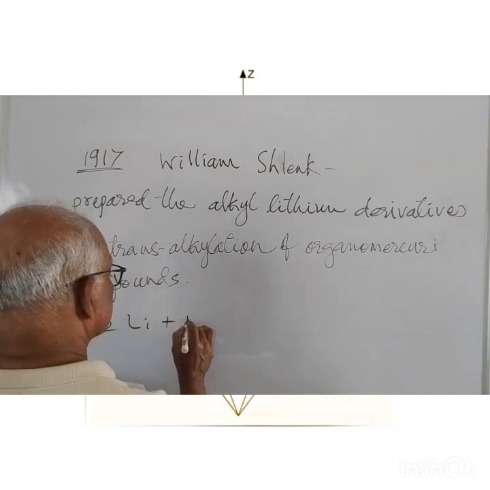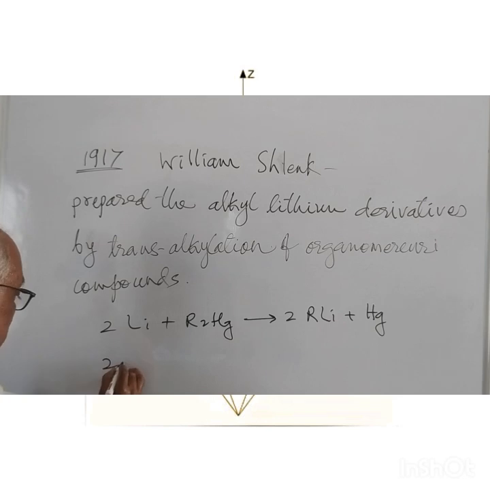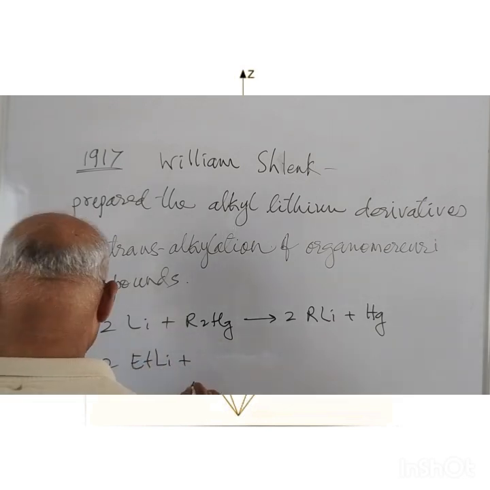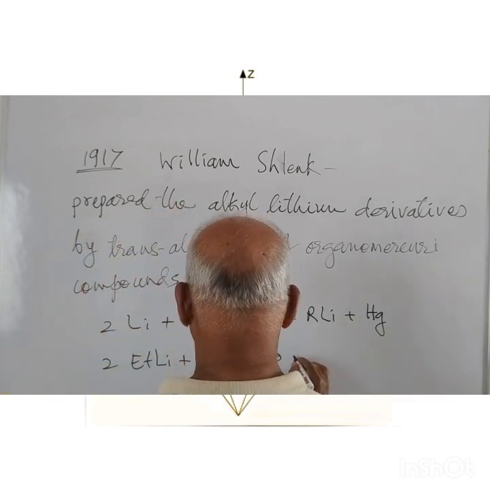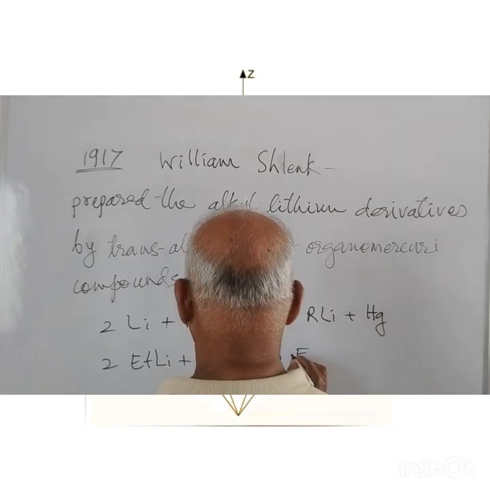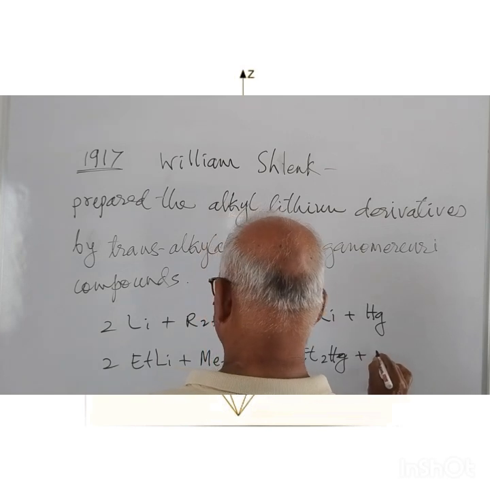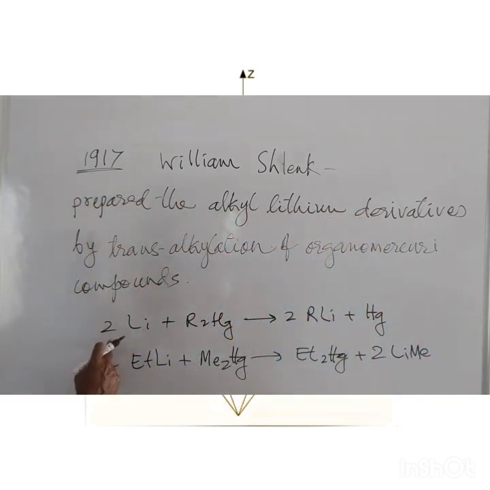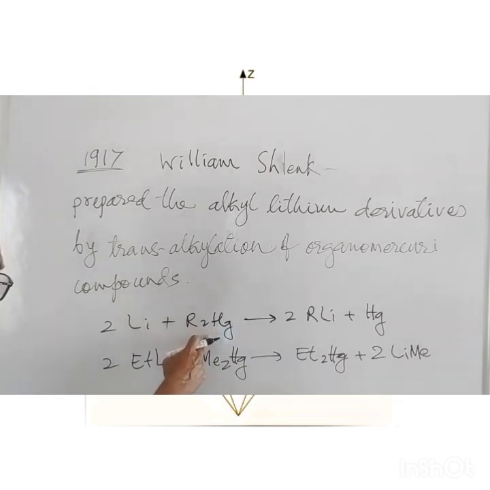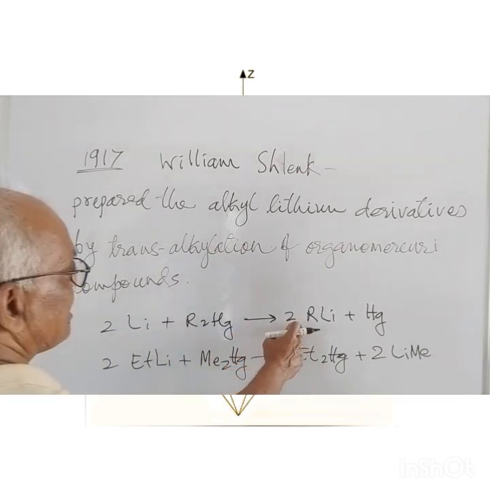For example, these are the two reactions whereby transalkylation means the R2Hg organometallic compound shows replacement of this R. This R is replaced by lithium to give RLi.